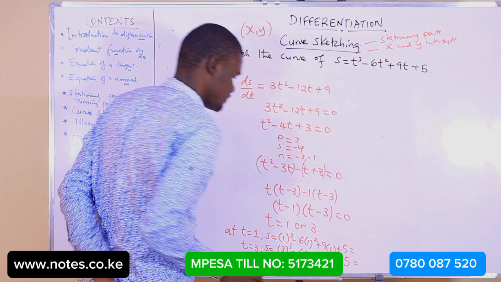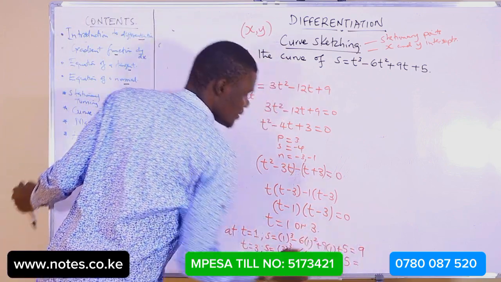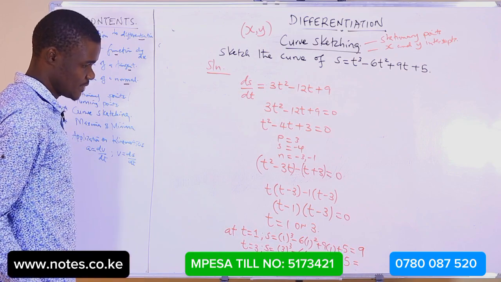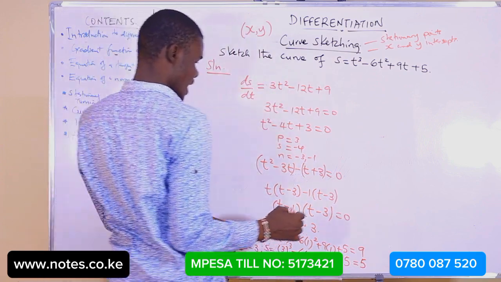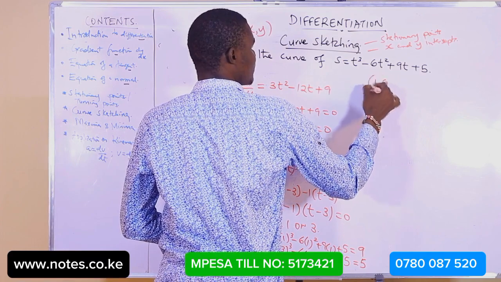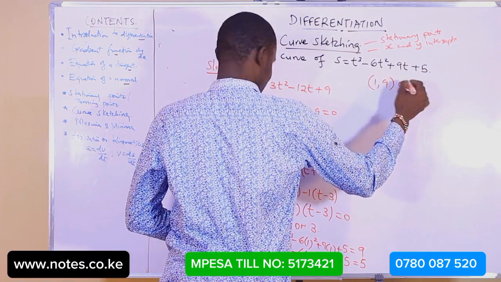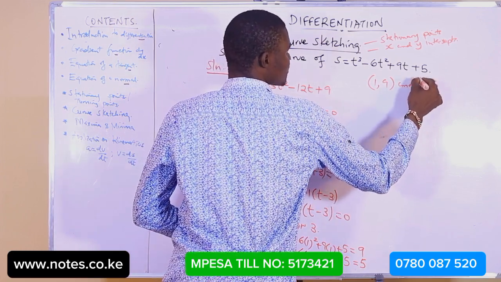What do you get? Here you get 9, and then below you get 5. So you know your two stationary points are (1, 9) and (3, 5). So these are your stationary points.